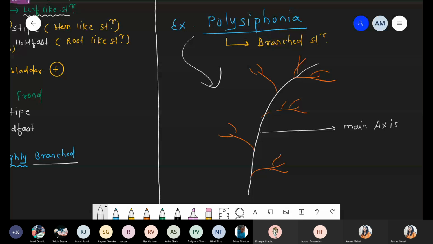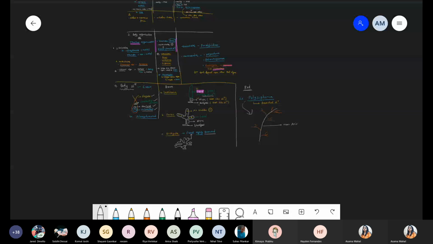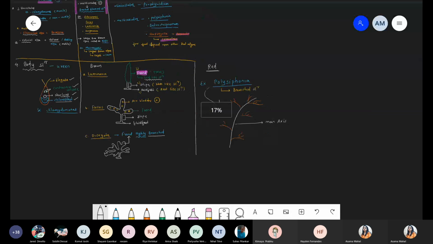They have a branch structure, because fronds are very unique to brown algae. Okay, chalo. So these are the simple structures with respect to Polysiphonia.